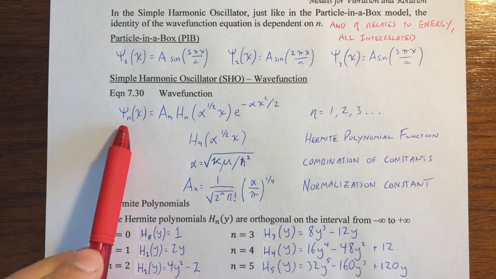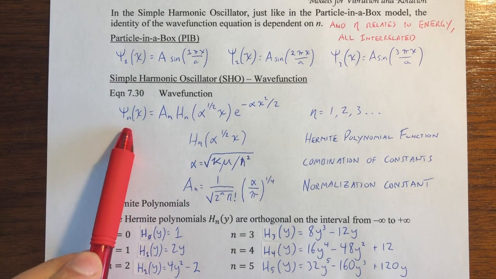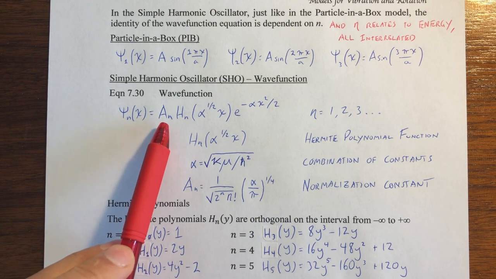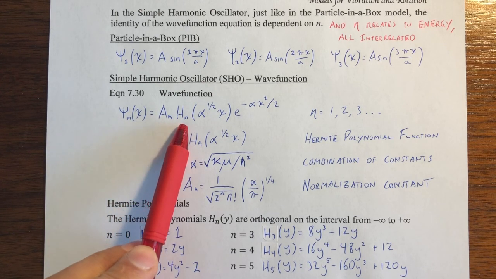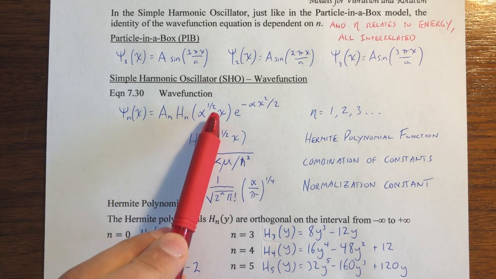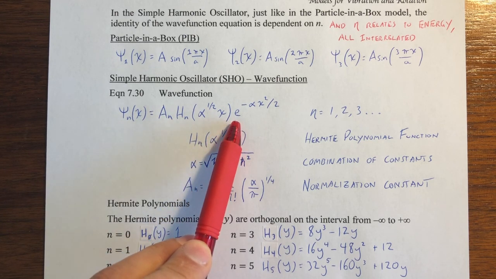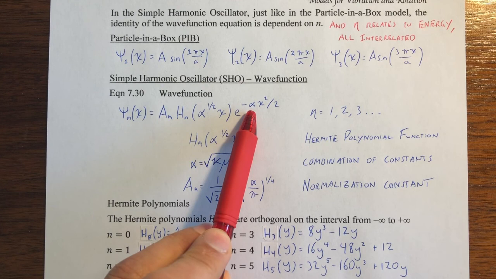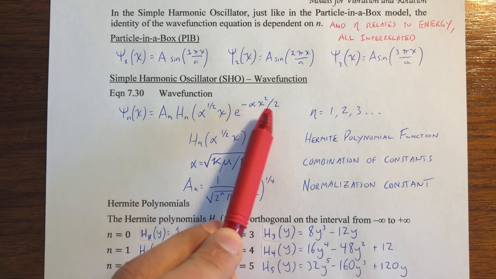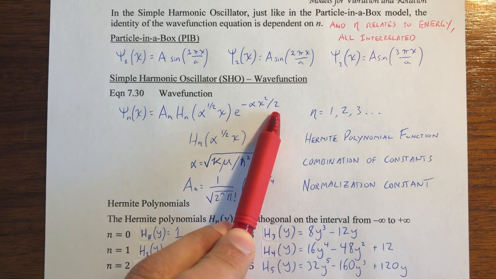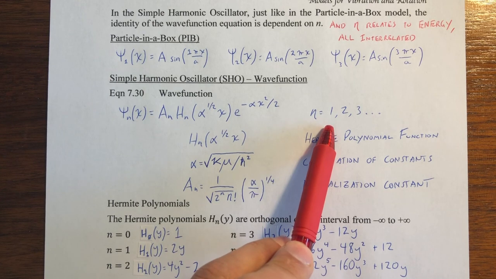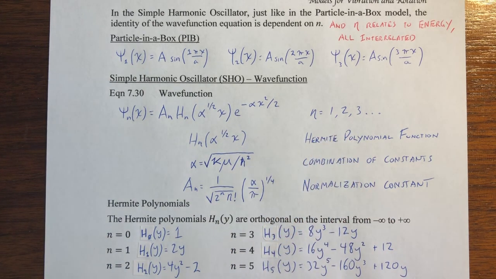And that is psi sub n of x is going to be equal to a sub n times H sub n of alpha raised to the 1/2 times x times e raised to the quantity negative alpha x squared divided by 2. So n can be an integer value equal to 1, 2, 3, or any other integer value.